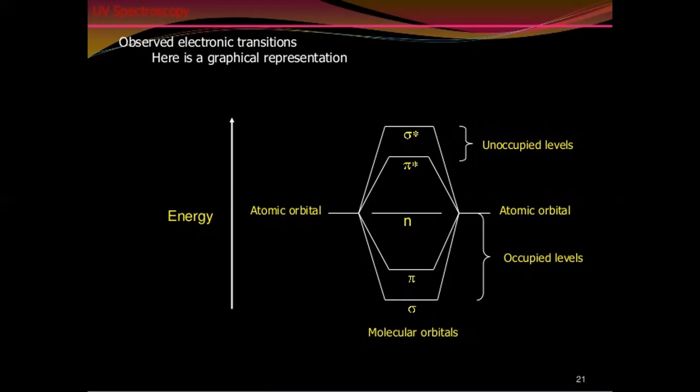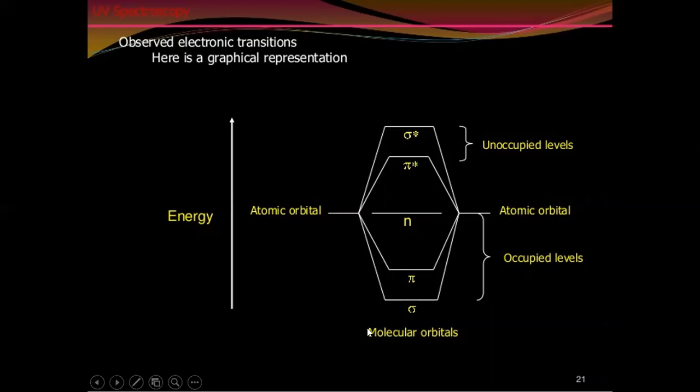Here, energy is on the axis. Here are the atomic orbitals, and this is also atomic orbitals. These two atoms on combination give a molecule, and these are the molecular orbitals.